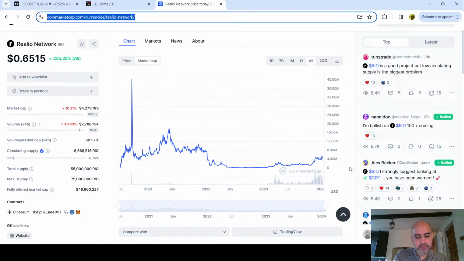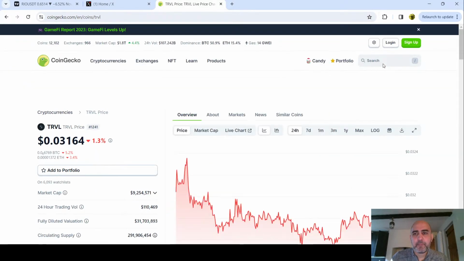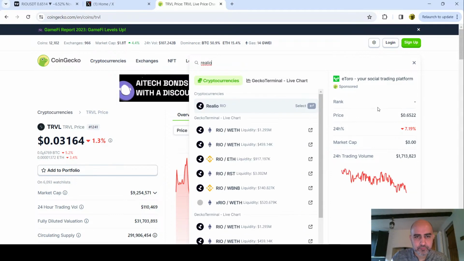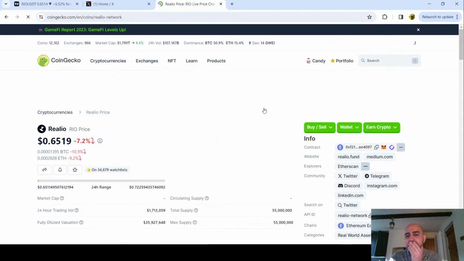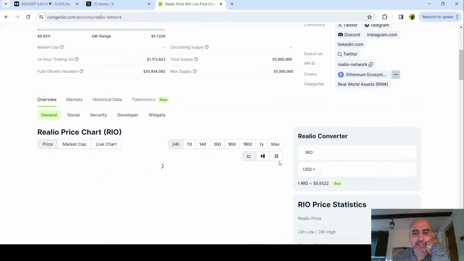Let me see on CoinGecko if I get more information. Total supply 55 million. They don't have much. They don't have a big supply, huh?